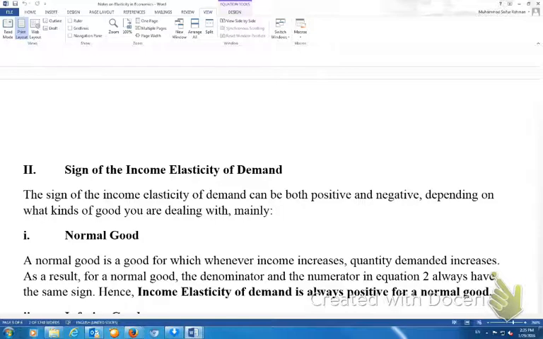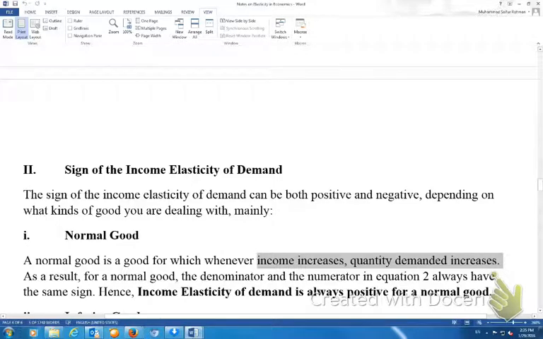In our discussion of demand, we talk about two kinds of goods that we regularly buy. One of them is called a normal good. A normal good is a good for which whenever income increases, the quantity demanded increases.